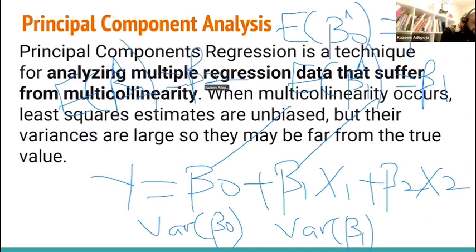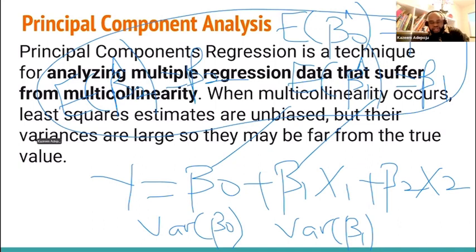So these scenarios tell us that even though multicollinearity exists, if it is not severe, the unbiasedness property is still going to hold.